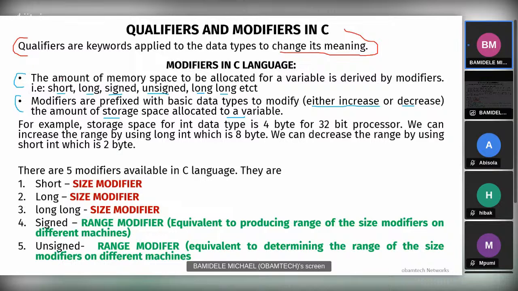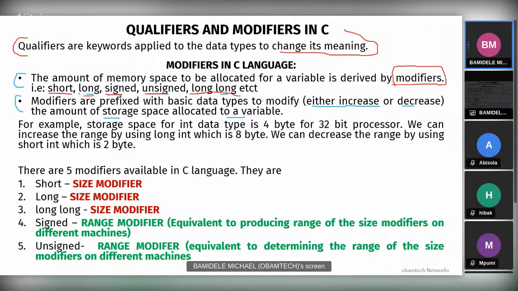For example, the amount of memory space needed to be allocated for a variable is derived by the modifiers attached to it. If the data type is short int, long int, signed int, unsigned int, all these have a specified amount of space they occupy in memory.